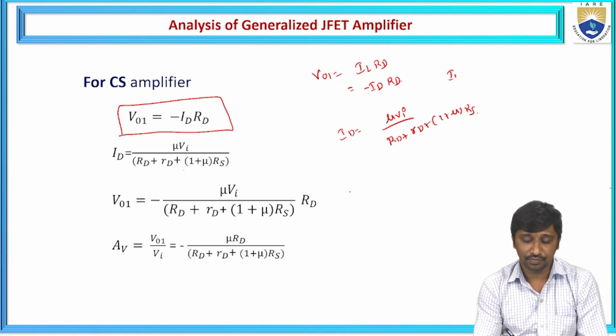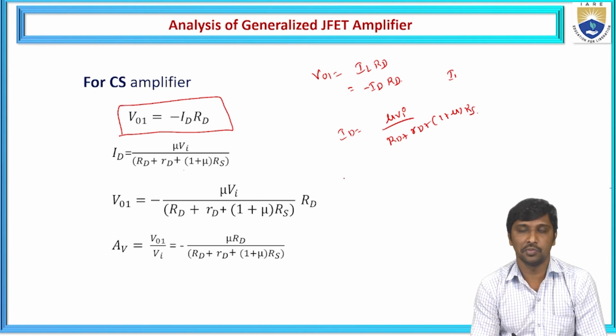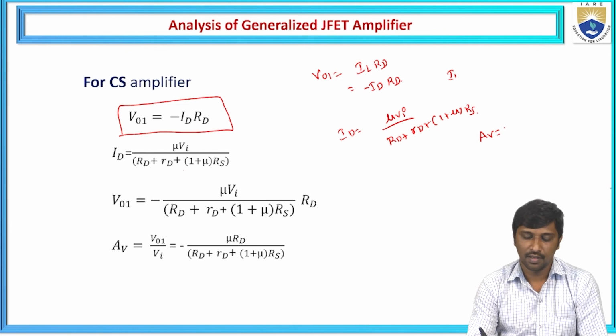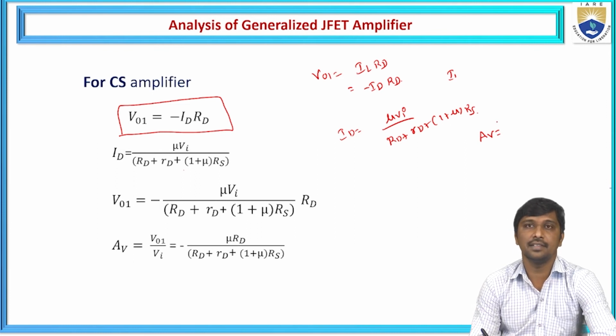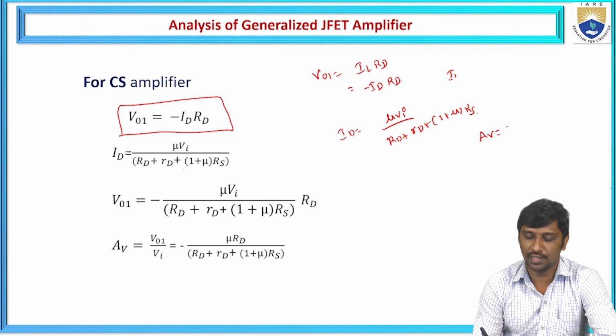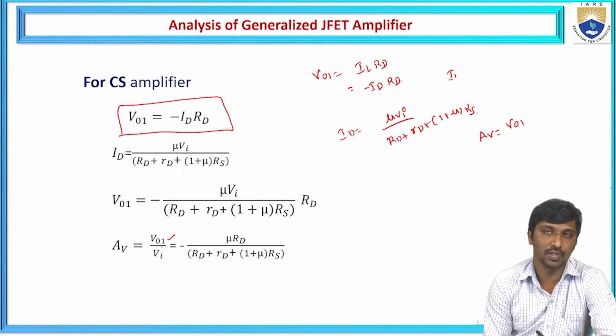From this, now we need to define the voltage gain. Generally, the voltage gain is defined as the ratio of output voltage to input voltage. From this generalized JFET amplifier, the output voltage is VO1 and the input voltage is Vi.